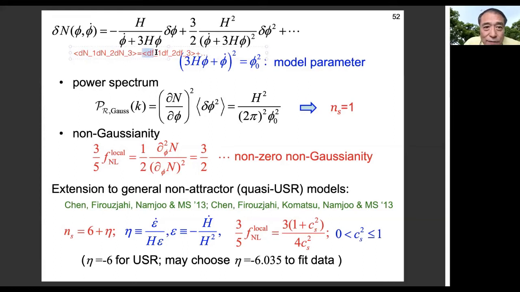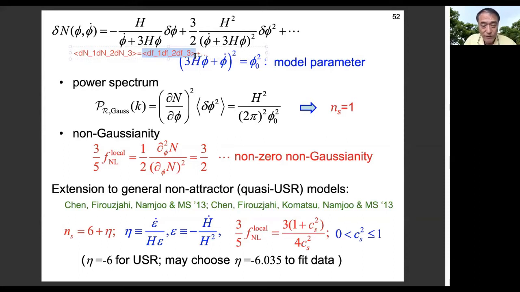And usually, if this fluctuation in the scalar field is Gaussian, then this just vanishes, right? But if it is not, then you have the intrinsic 3-point function, which appears in the final result. So this 3-point function must be computed inside the horizon.